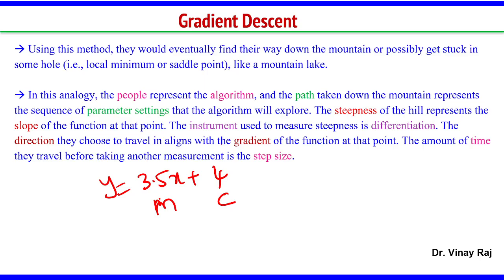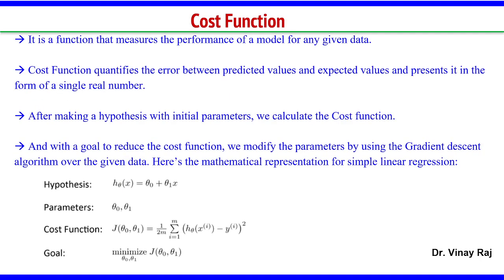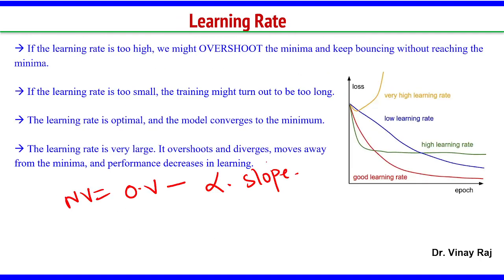The instrument we are using is differentiation, and the direction I am choosing is the gradient. The amount of time is the step size. So what should my learning rate be? Should I reduce by 0.5 always, or should I do 1 always? When you were guessing your friend's marks, what were you guessing?